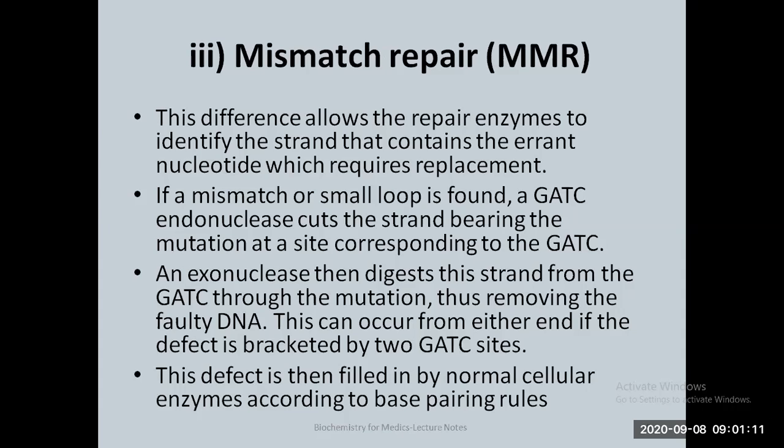Immediately an exonuclease digests this strand from the GATC through the mutation, thus removing the faulty DNA. This can occur from either end if the defect is bracketed by two GATC sites. The defect is then filled by normal cellular enzymes according to the base pairing rules.